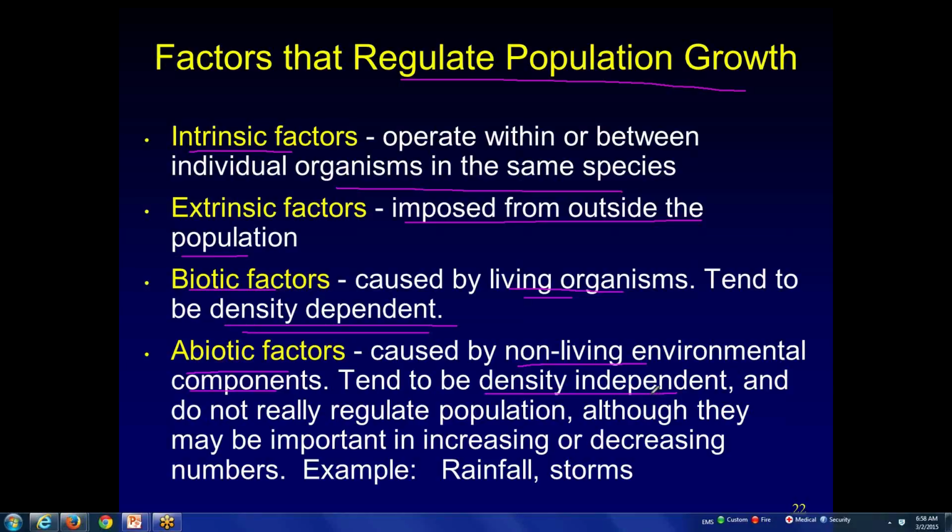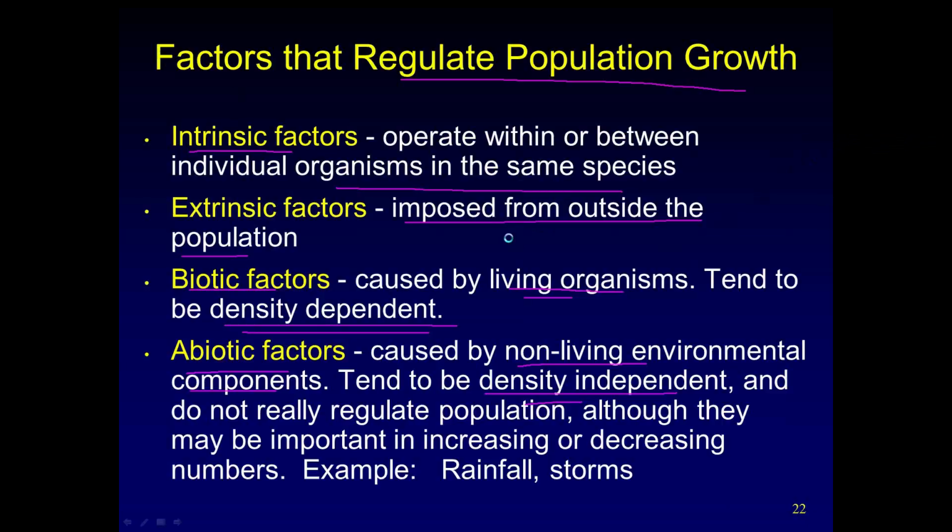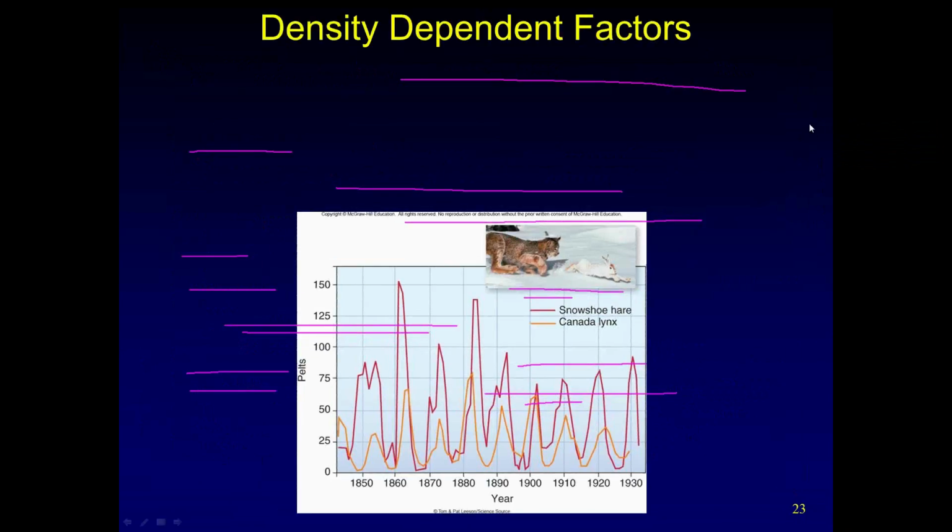It doesn't really matter, and the hurricane comes and kills a lot of individuals. So abiotic factors caused by non-living environmental components, again, they tend to be density independent. The weather just doesn't care how dense your population is. All right, the drought's going to come whether the population is dense or not. Okay, so all these factors are going to cause the population to be healthy or not.